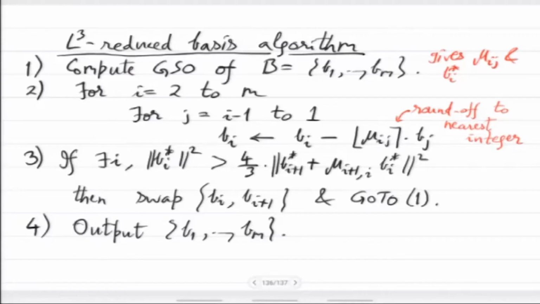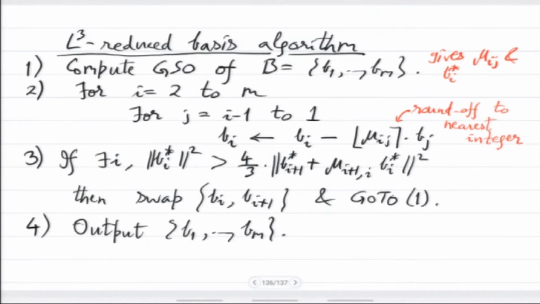Now, when you come to step 3, suppose this condition is violated by some Bi, meaning that Bi star's length is bigger than this bound on Bi plus 1. Then the simple correction is to swap them.